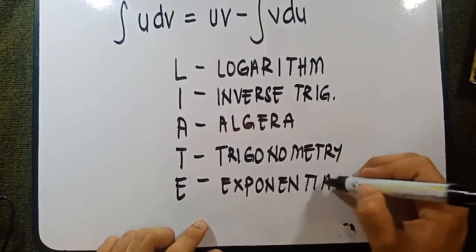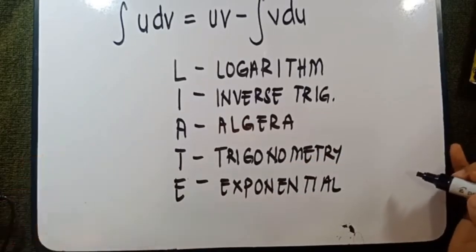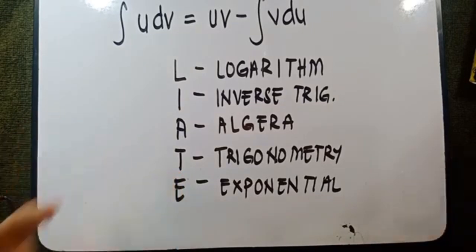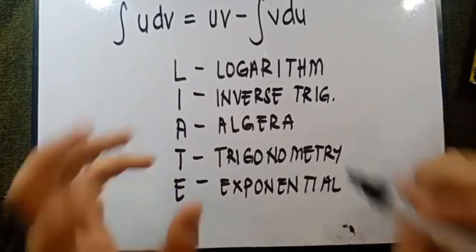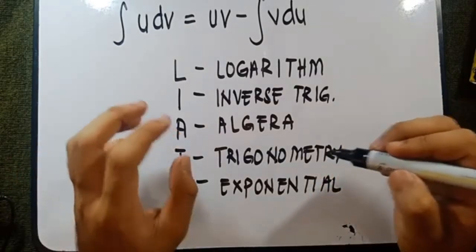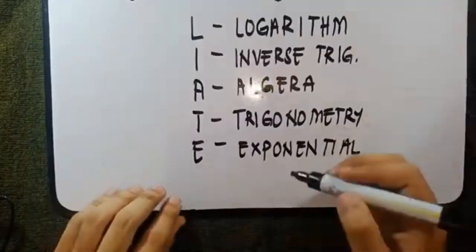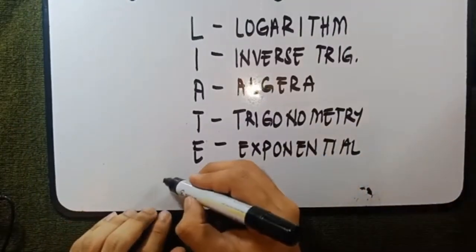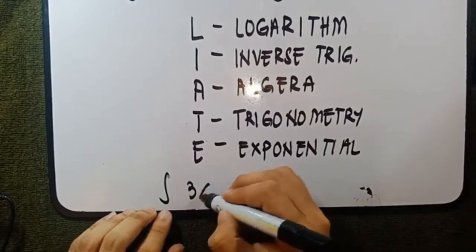So, halimbawa kasi, doon sa integrals mo, meron kang isang algebraic expression at meron kang isang trigonometric. Kailangan alam mo kung alin yung u, alin yung dv. So, kung base doon, halimbawa, meron tayong integration na 3x squared.